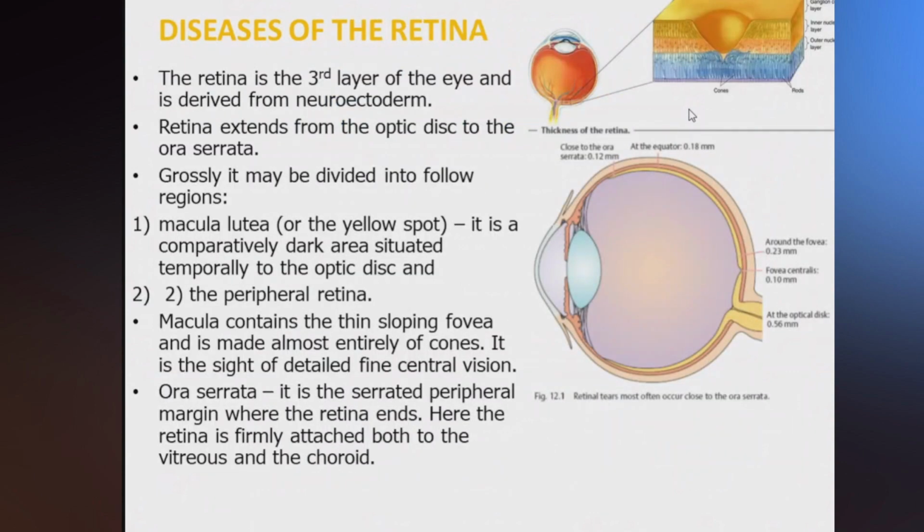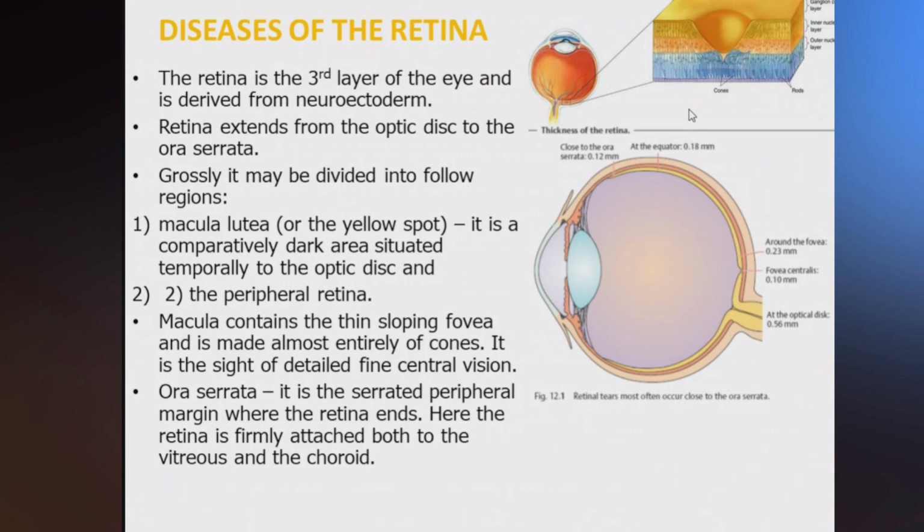Let's go further. Now we should discuss the most important diseases of the retina. Of course, during our lecture, we can't discuss all retinal diseases, but I think you should have a general idea.